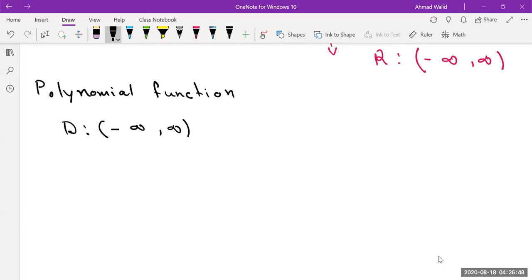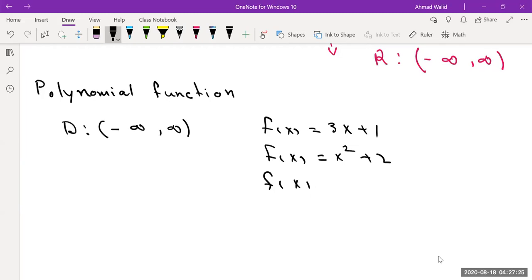You don't even need to draw a table. You don't even need to think about what is the domain of this function. The domain for all polynomial functions starts from negative infinity to where? To positive infinity, correct? For example, the domain of a linear function, for example, f of x equals 3x plus 1, the domain of quadratic functions, for example, f of x equal x squared plus 2.